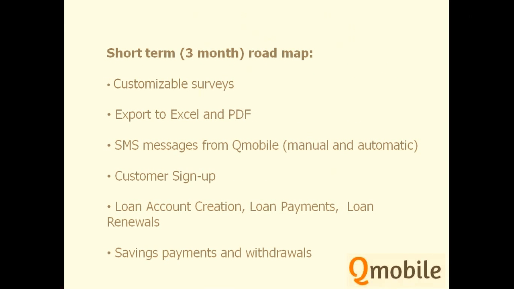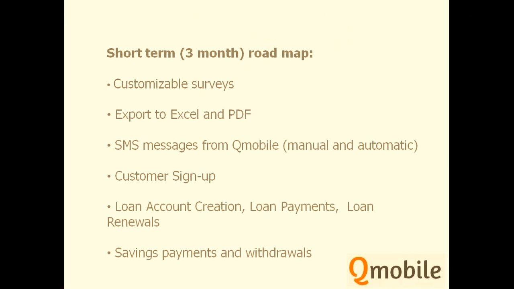Now, what is coming in the next 3 months? We are already adding customizable surveys, so you will see an example. We are adding export to Excel and PDF functionality. We are well advanced in developing an SMS message functionality, which will allow not only sending individual or group messages manually, but also automating processes to alert clients around a due date, or, as somebody suggested last week, sending an automatic receipt to a client through an SMS to avoid paper.